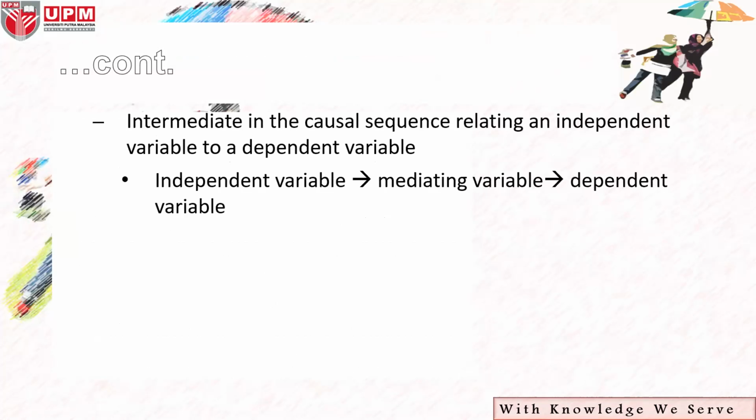Okay, intermediate in the causal sequence relating an independent variable to a dependent variable. So kalau kita illustrate dia punya hubungan, so dia terletak di tengah-tengah, intermediate. Okay, IV, mediator, dependent variable. Okay, in terms of the flow of relationship ni start from IV, influence mediator and influence the DV.